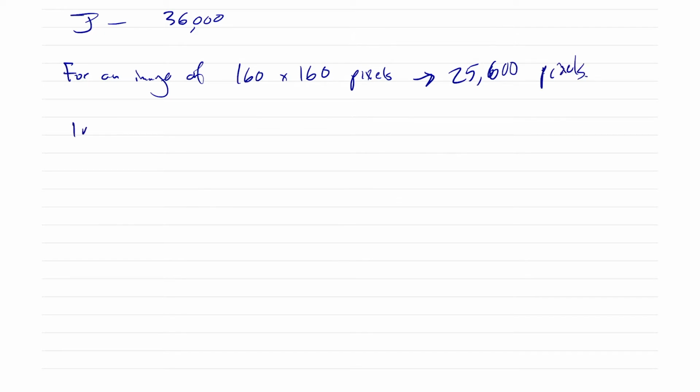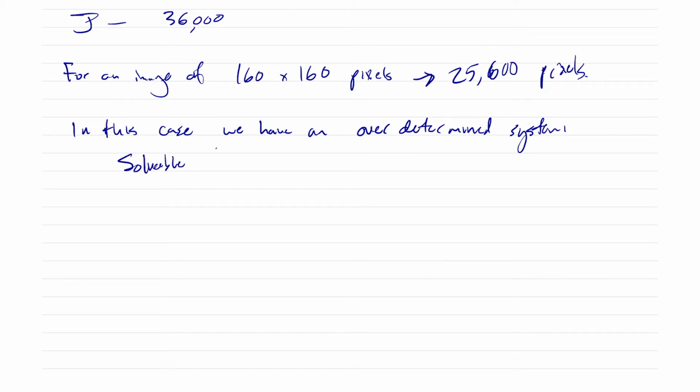Then in this case, we have an overdetermined system. That is, we have more measurements than the total number of unknowns, and so generally speaking, solvable theoretically.